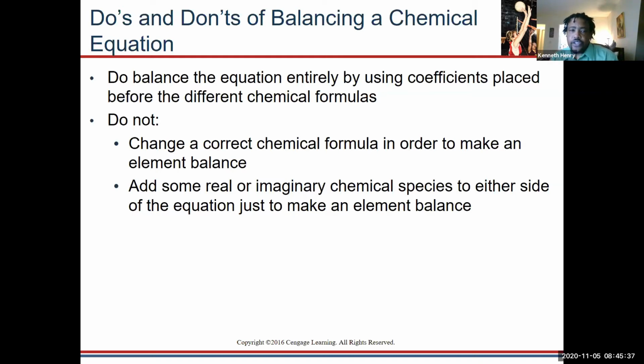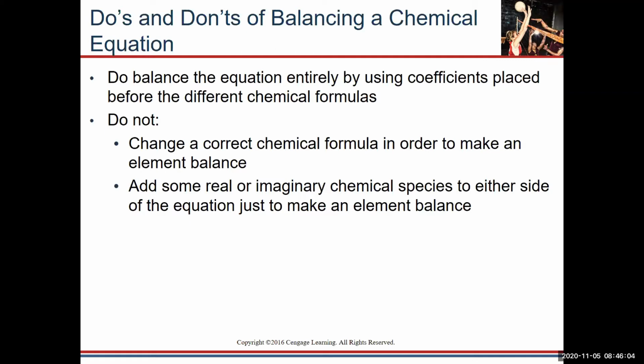You can't change the chemical formula once you're sure that it's right. Don't make stuff up. Don't add imaginary or real chemical species on either side of the equation just to try to make it balanced. What you put in, you must get out. Things don't magically appear, so make sure you're not doing that.